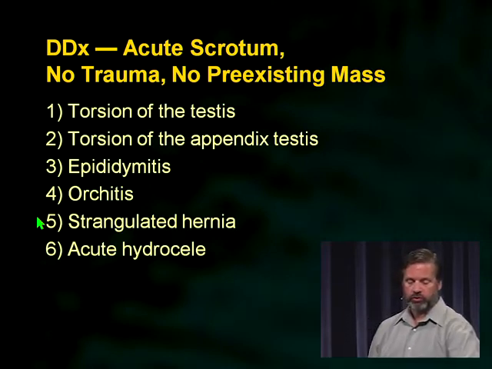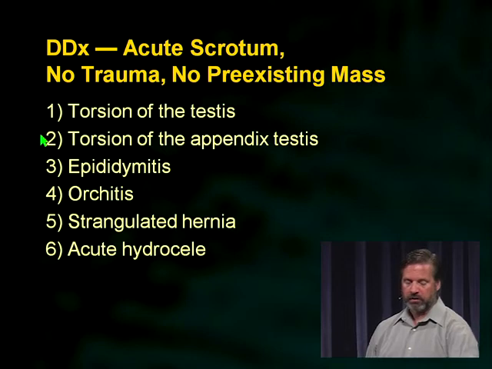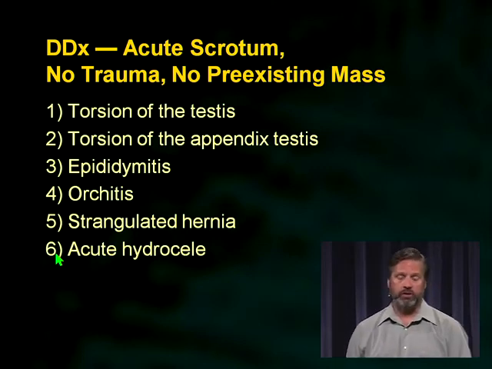So a torsion of the testis and a strangulated hernia are probably going to require surgery, whereas the others can be treated more conservatively. So we'll talk about the torsion of the appendix, but certainly epididymitis, orchitis, and a hydrocele all can more likely be managed conservatively without surgery.